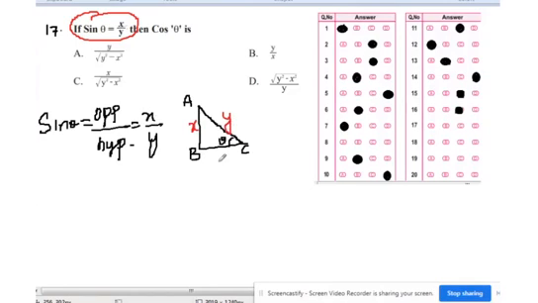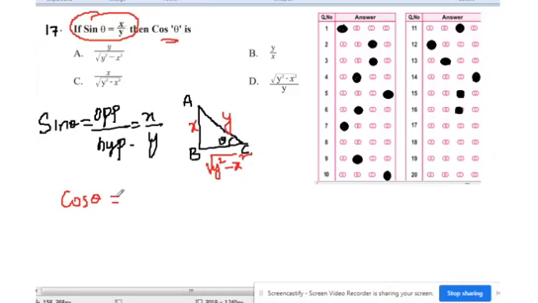X is nothing but opposite and y is nothing but hypotenuse. So using Pythagoras theorem, we will get adjacent side BC as root over y square minus x square. Simple Pythagoras theorem. Hypotenuse square is equal to sum of squares of other two sides. So BC square will be y square minus x square. They are asking to find the value of cos theta.